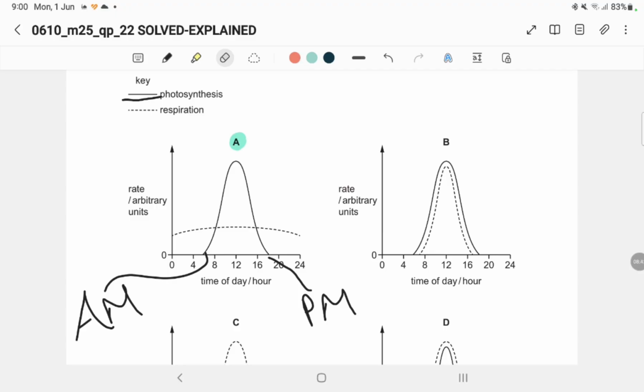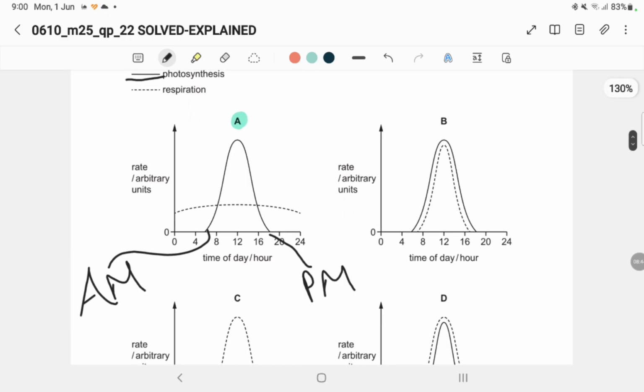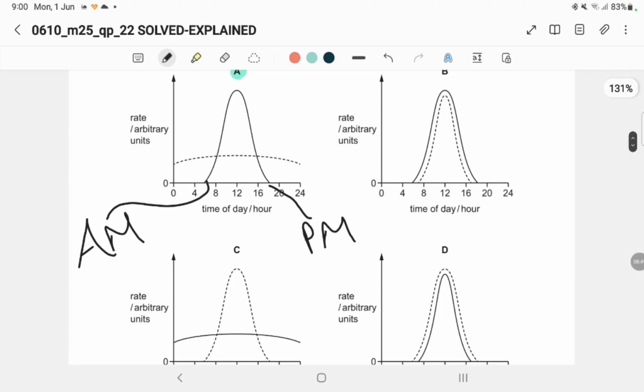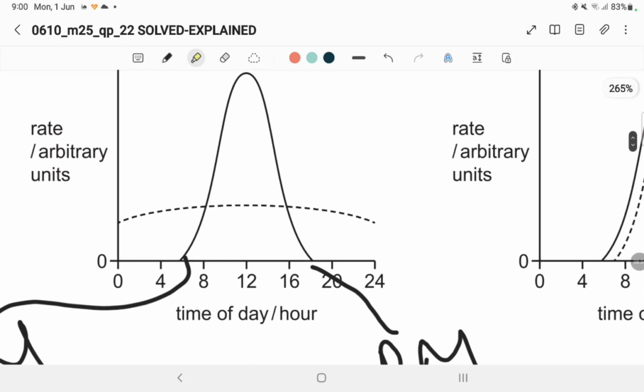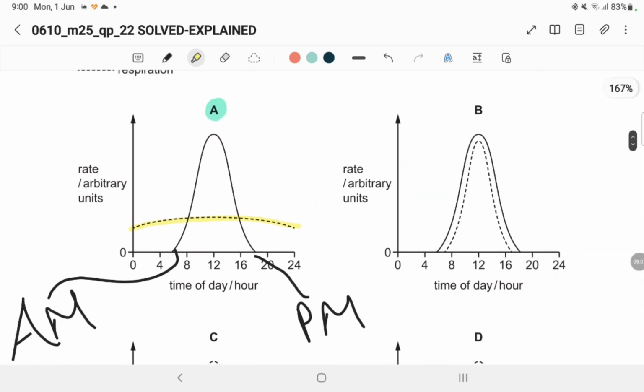Now for respiration, it does not work this way. Respiration is continuous throughout the whole day. This is a tip for you students so that you can understand this question. When I see a graph looking like this, it means that the rate of respiration is continuous throughout the whole day. It does not stop or decrease or increase as long as the plant is alive.